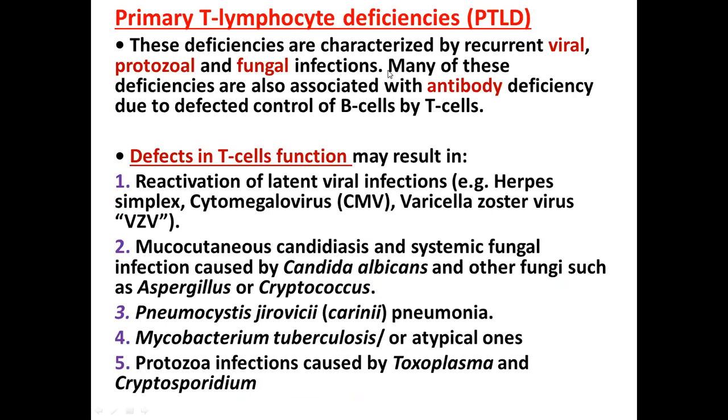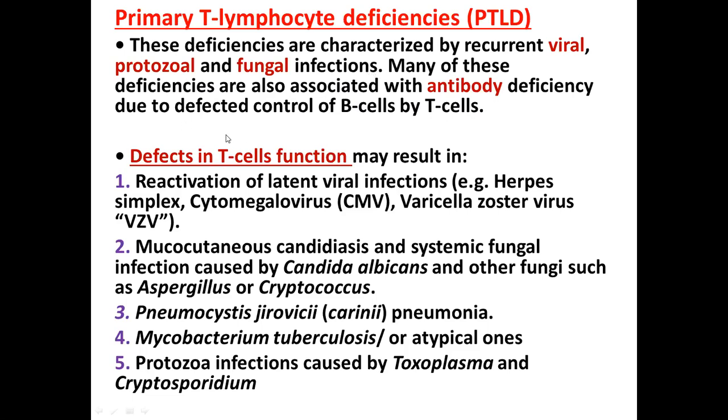So if you see a patient with repeated viral infection, this may indicate that this patient suffers from primary T lymphocyte deficiency. Many of these deficiencies may also be associated with antibody deficiency, since T cells control B cells, as you know. So if the T cells are defective, of course the B cells will be defective.